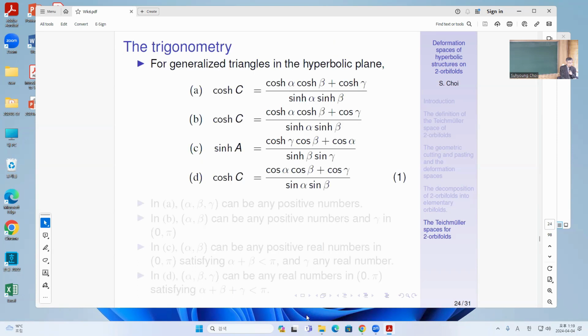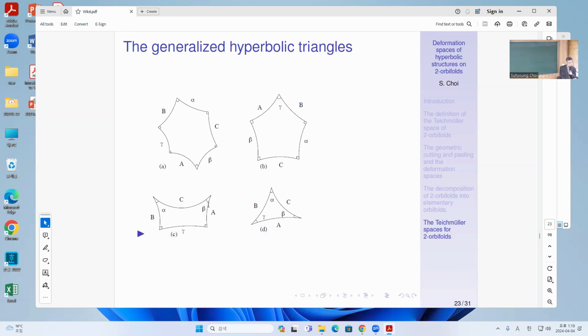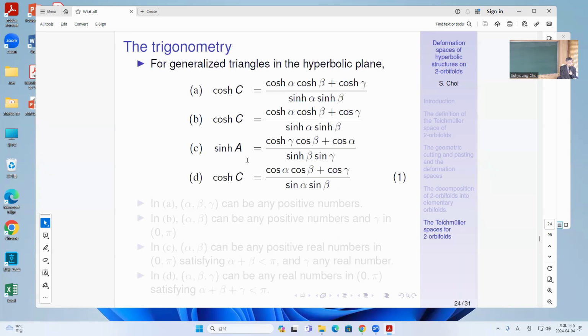And then for the next one, the quadrilateral, if you want to know the length of A, then sinh A is going to be determined by these three numbers. Again, the cosine is real, so alpha, beta real, so you have to use cosine here.